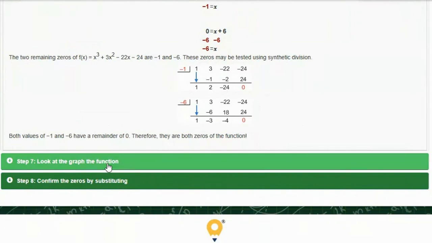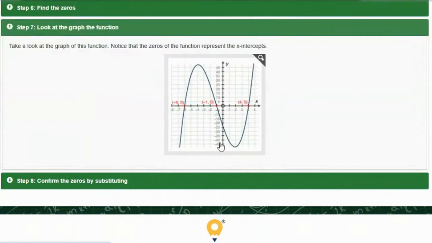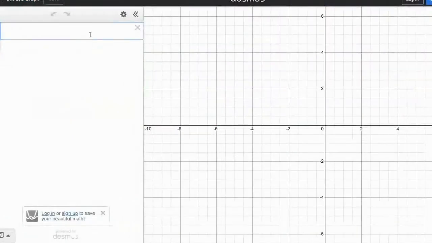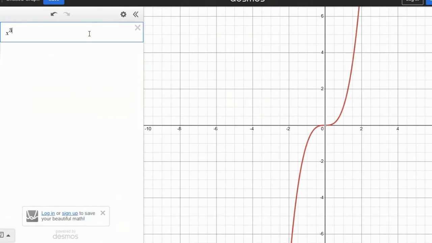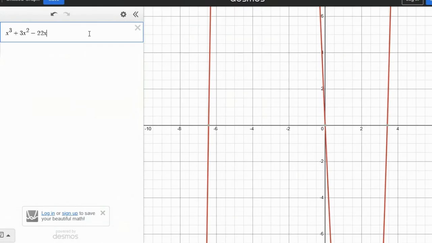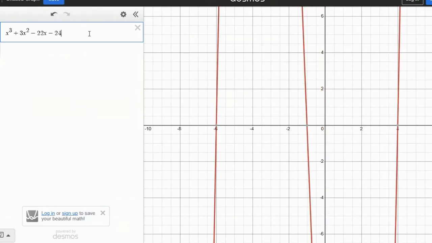If we graph the original function, that's a good one. Let's do that over here on decimals. The original function was x to the third plus 3x squared minus 22x minus 24.